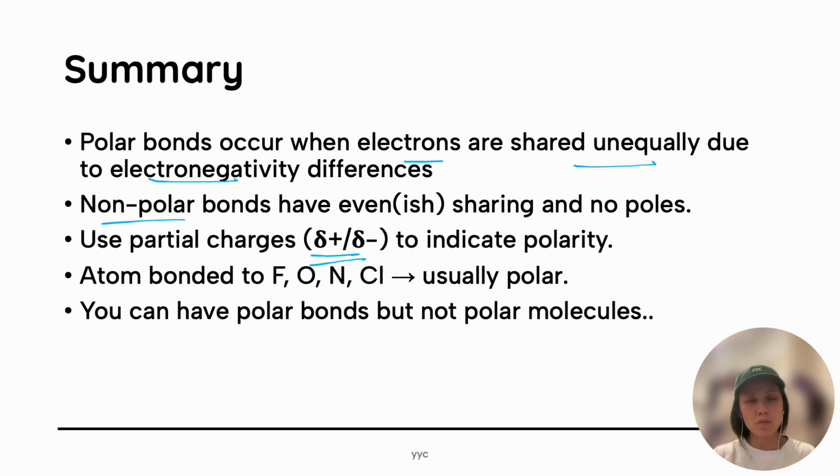We use this symbol to indicate, hey, this side of the bond is a bit more negative, this one's a little bit more positive, but we use it as partial. So this here, delta, means it's partial. In general, as a general rule of thumb, anything that's bonded to FONCl is usually polar, unless it's bonded to itself. Okay? And remember, you can have polar bonds, but they don't necessarily have to be polar molecules, like in the case of carbon dioxide.